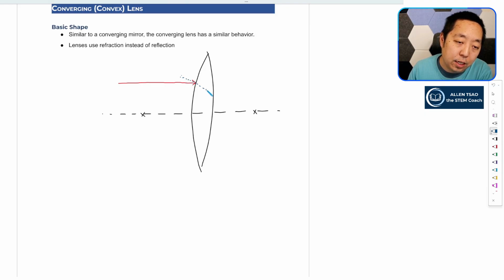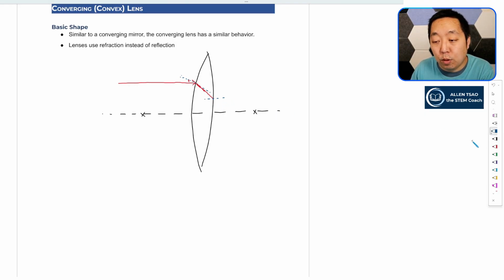it's going to bend because this is a higher index of refraction compared to the air around it. It's going to bend more towards the normal. So we look at this angle, and that angle is going to be smaller. And then when it exits this area here, it's going to bend away from the normal, so it's going to have a larger angle.